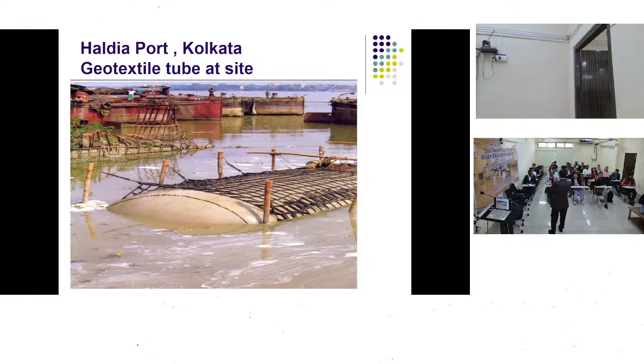So finally you have a structure which is 20 meters in length, 5 meters in diameter, and you can keep it at that place. First of all you are placing the geotube and then you are pumping this slurry. The water is moving out and you are having that structure. And ultimately, it will take an elliptical shape.